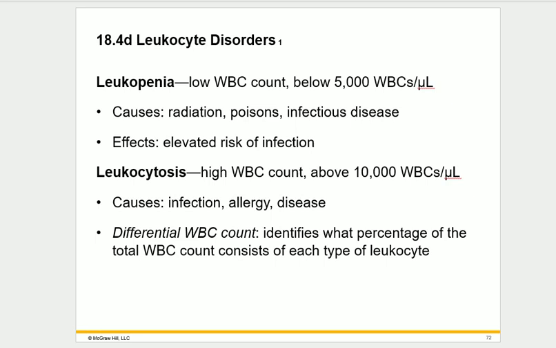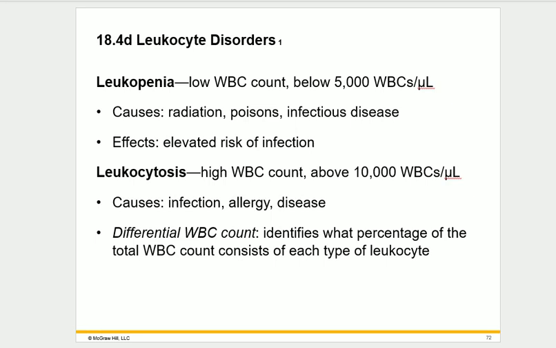So the total white blood cell count is normally 5 to 10,000 white blood cells per microliter. A count below this range, and we call it leukopenia. This can be seen in lead, arsenic, mercury poisoning, radiation sickness, and such diseases as measles, mumps, chickenpox, polio, influenza, typhoid fever, and AIDS.